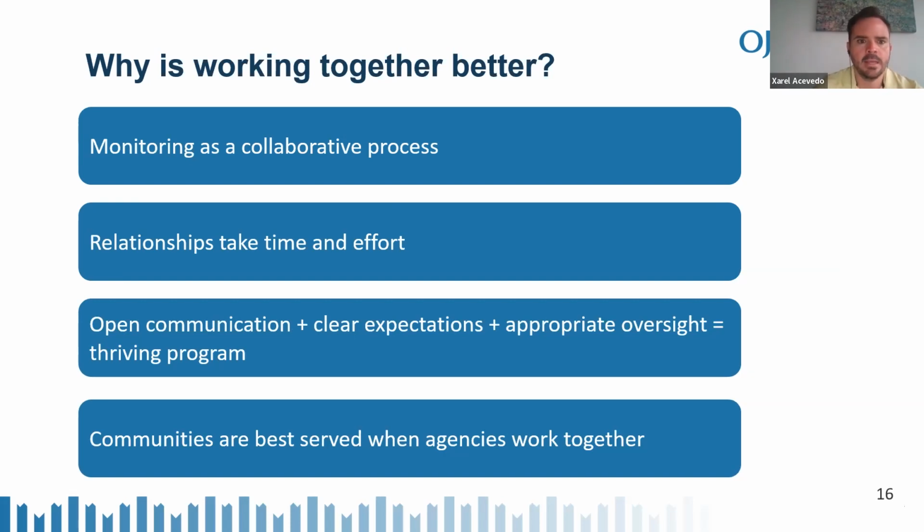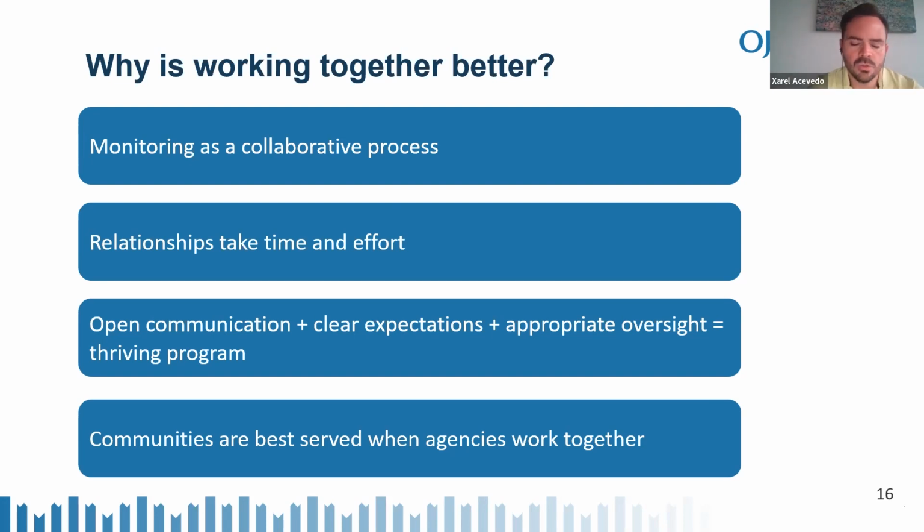All right, the next slide touches on why working together is better. First part says, address monitoring as a collaborative process. Okay, so when we monitor, we often come up with subrecipient shortcomings, okay?